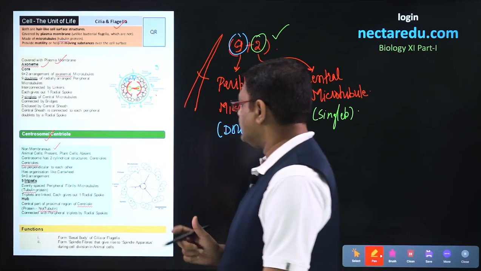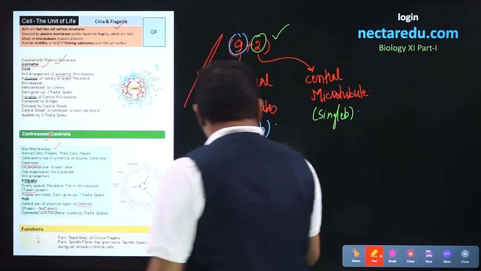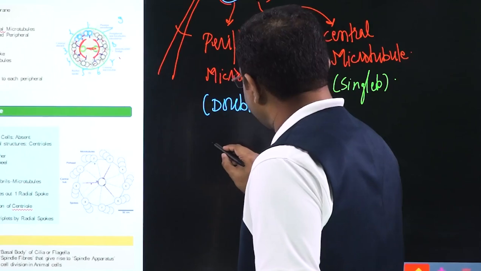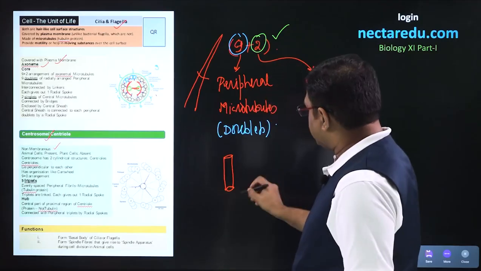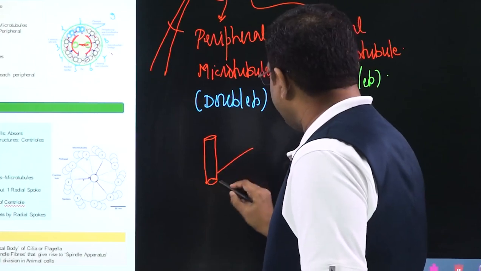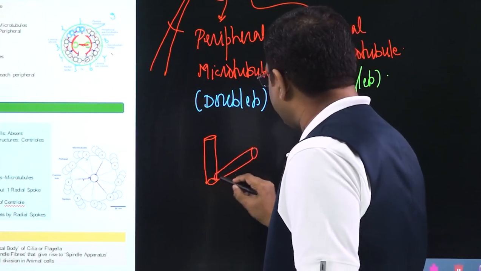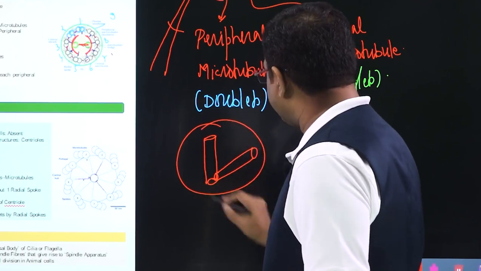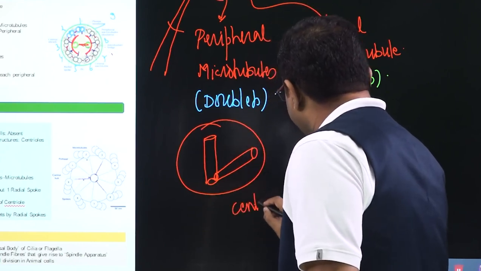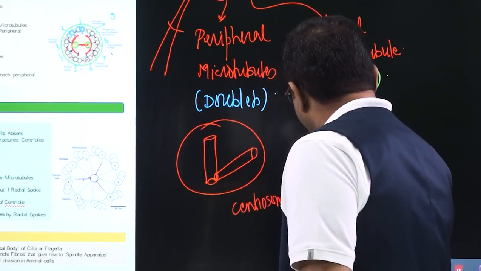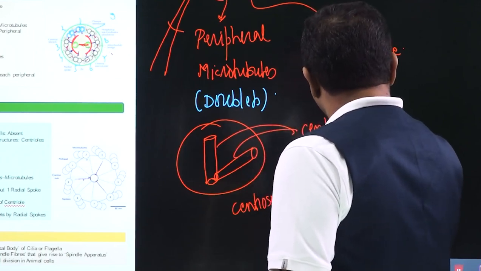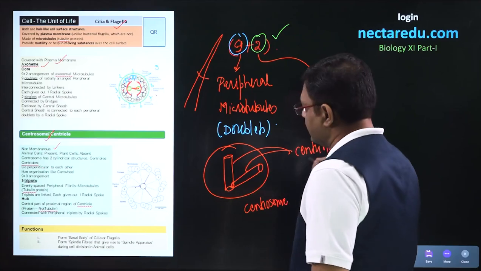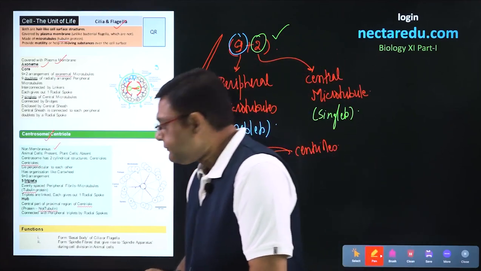So let us try to form the structure. Let us say that this particular structure is a centriole. The second centriole will be present perpendicular to it, and this whole structure will be called centrosome, and these individual structures will be called centrioles. So this is the difference between the two.